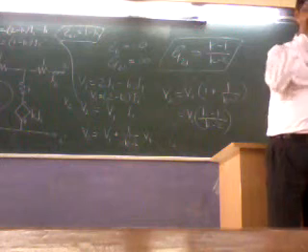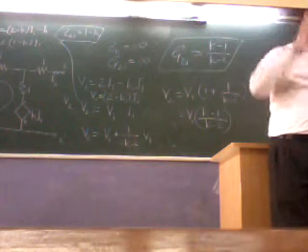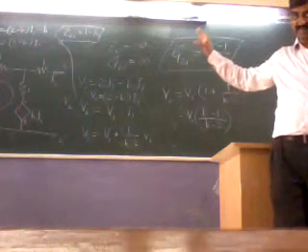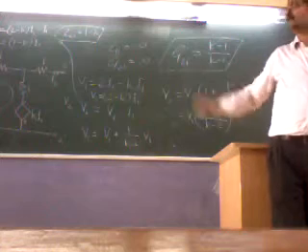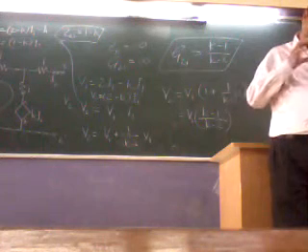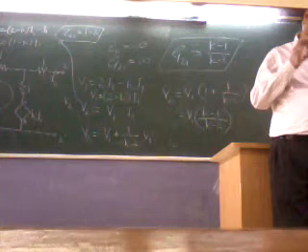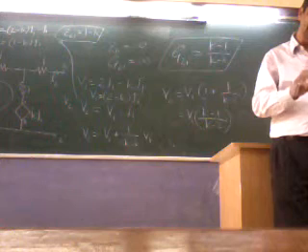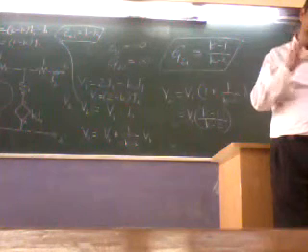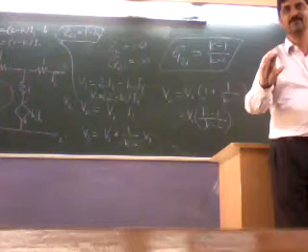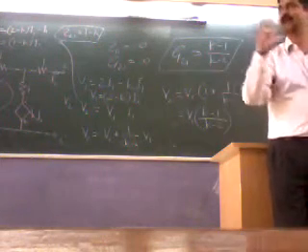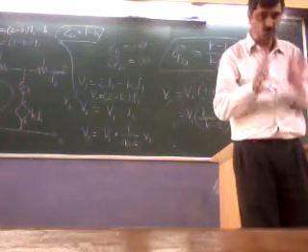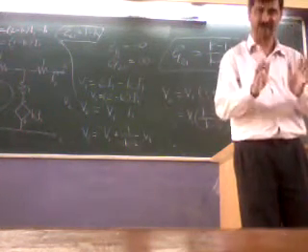Means the dependent sources fail to act as dependent sources. The dependent source itself is some circuit. It generates KI1, provided that the voltage generated by the dependent source is below some level. Up to that level, it can generate KI1. But the dependent source itself is an amplifier.